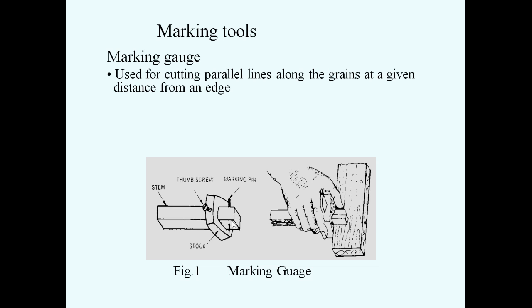from an edge. If you want to draw parallel lines on the workpiece, with the help of a marking gauge you can draw the parallel lines along the grains at a distance from an edge.